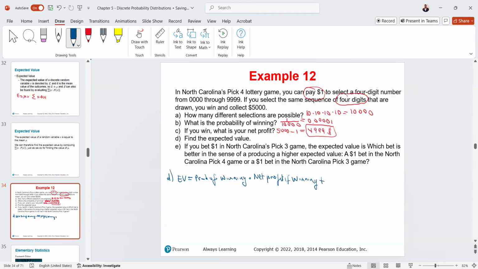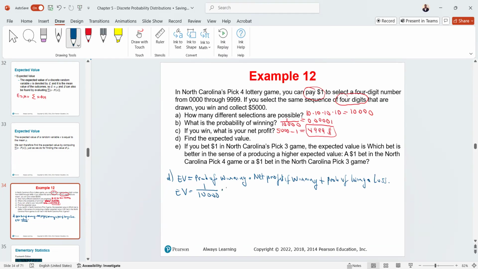Plus the probability of losing times the net gain when losing. For us, the probability of winning, we already found, is 1 out of 10,000.